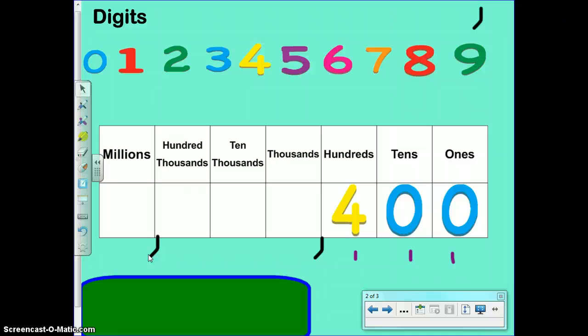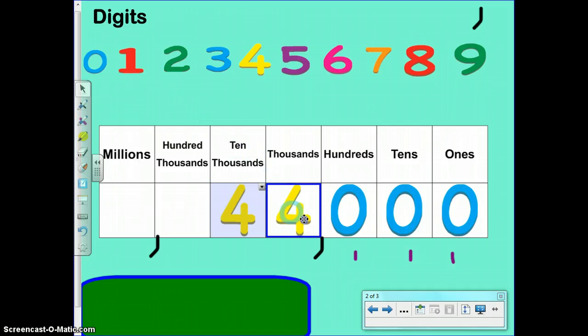So now again, looking at this chart, if I took that 4 and I put it into the thousands, it's no longer 400, but 4,000. If I take that same 4, slide it over to the 10,000s, it's no longer 4,000, but 40,000. Take that same 4, slide it over.